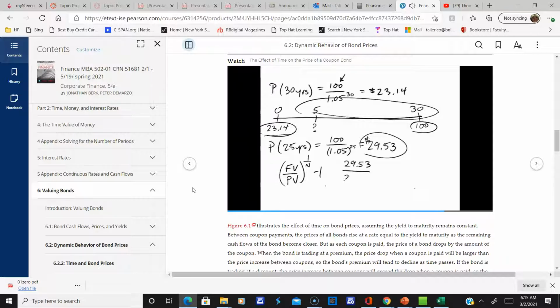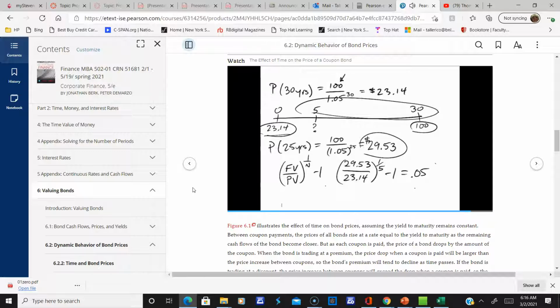We bought it now for $23.14. 5 years went by, so n is 5. Subtract off the 1, and you go through the calculation, and you find out 5% is your return.